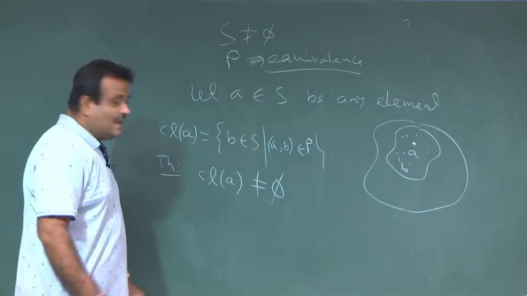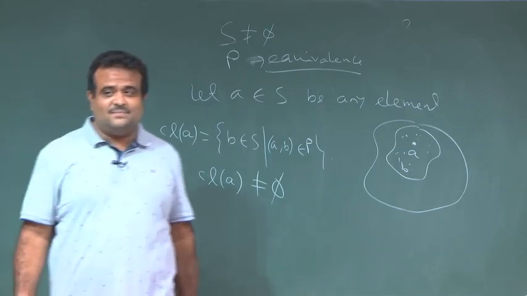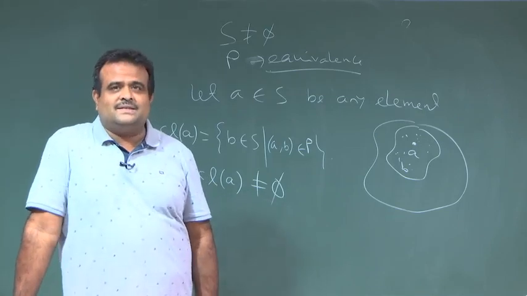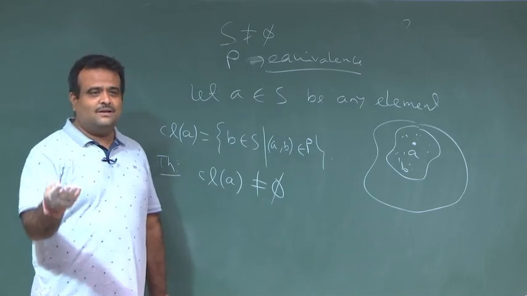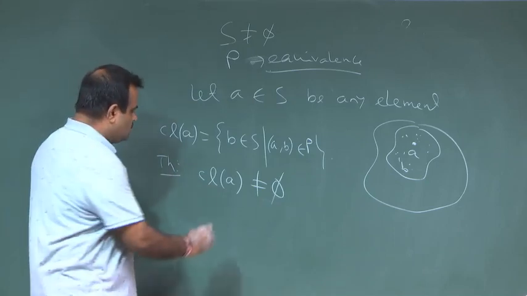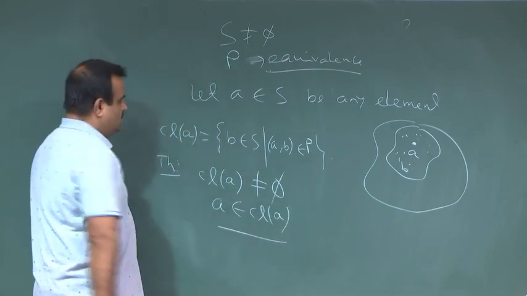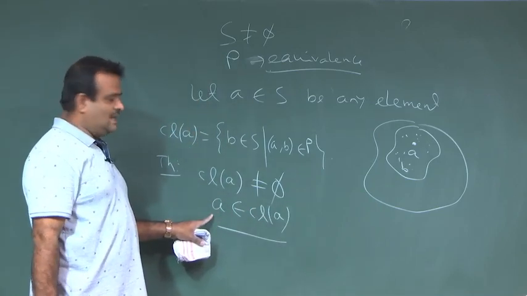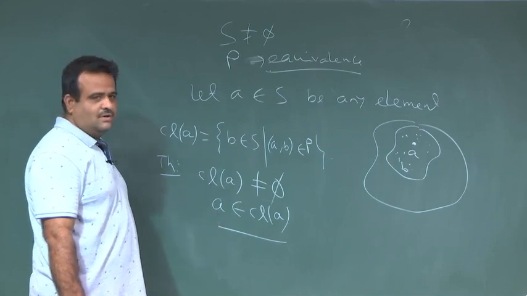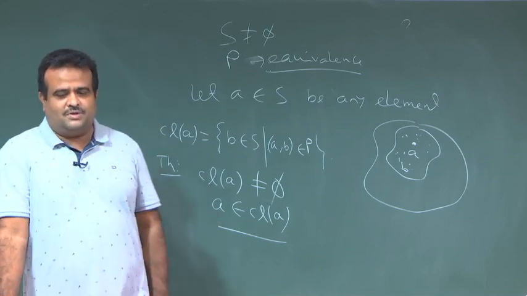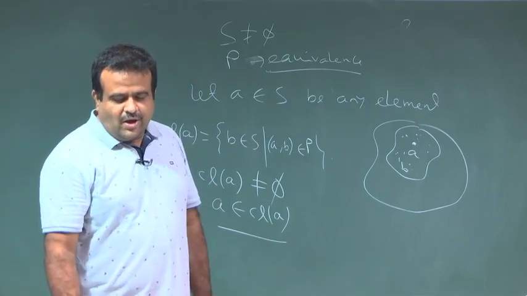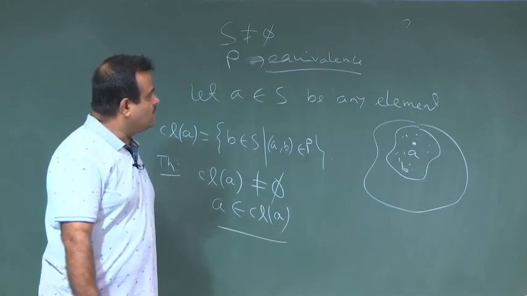Who is the element? a is the element, because this relation is reflexive. So, (a, a) must belong to rho. That means a is always in this class. So, there is at least one element a, and these classes are always non-empty.